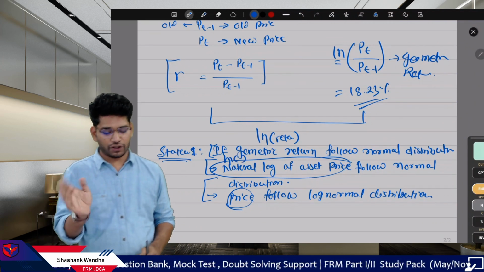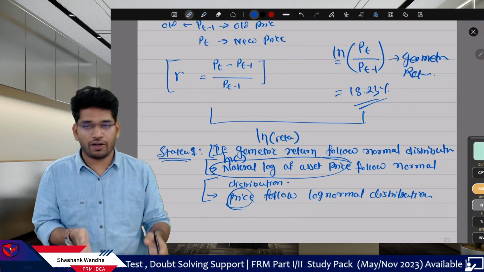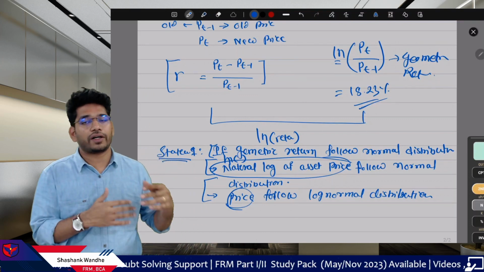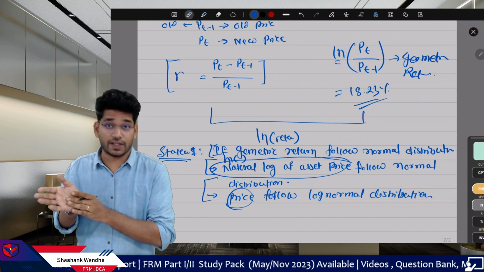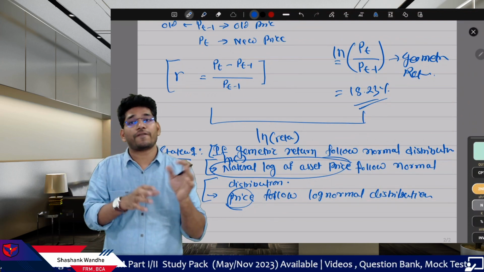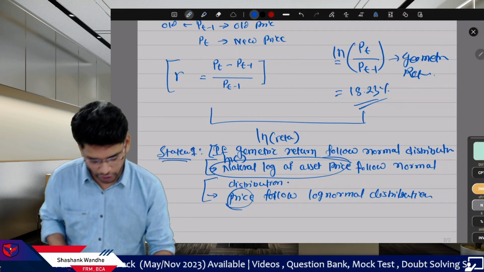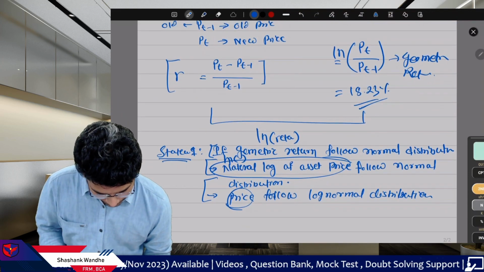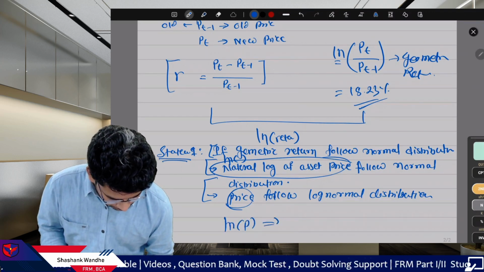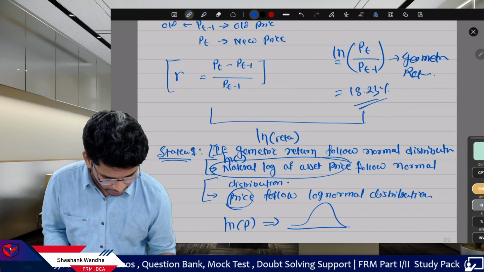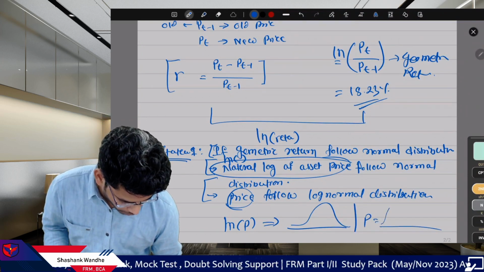If the geometric returns follow normal distribution, this means that ln of asset prices will follow normal distribution, and p will follow log normal distribution.